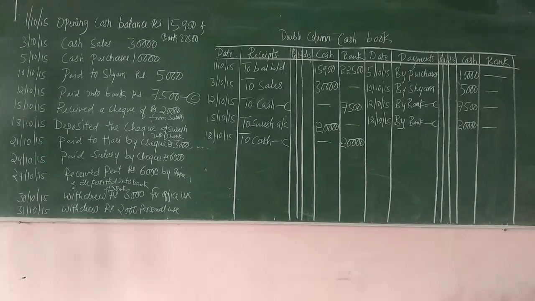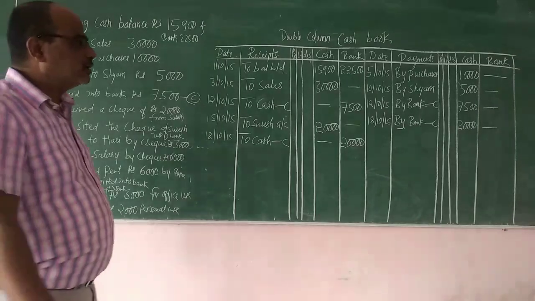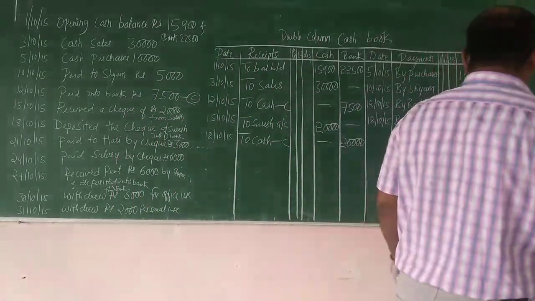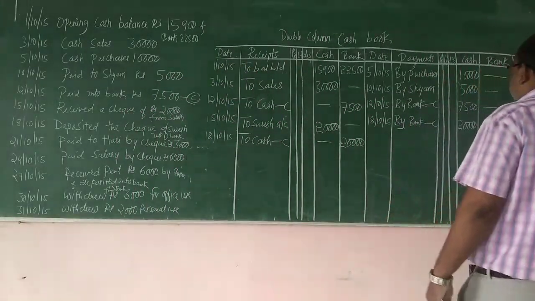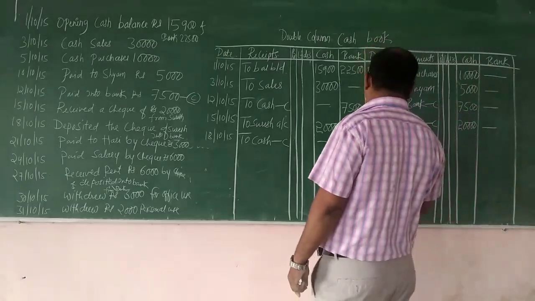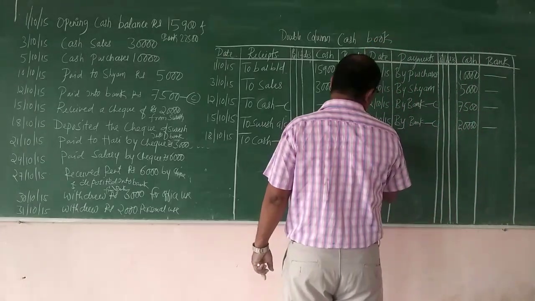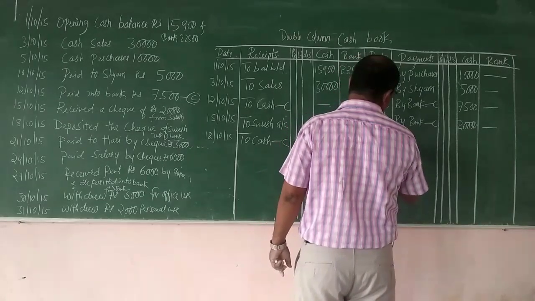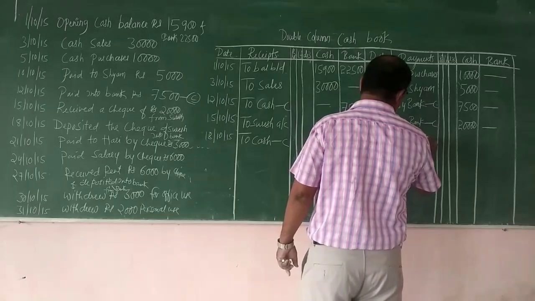On 21/10/2015 paid to Hari by check rupees 3,000. So you are paying by check and you are not paying cash. So the payment will come on the payment side in the bank column. 21/10/2015 by Hari.